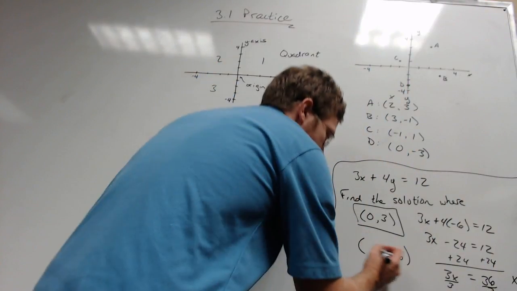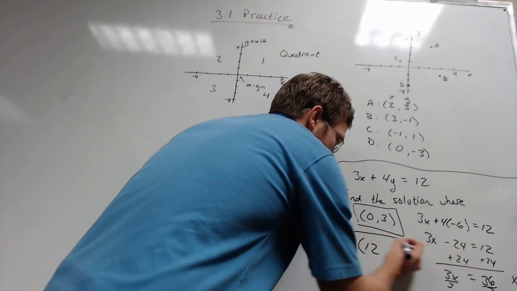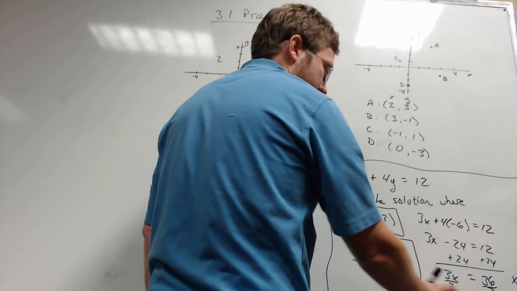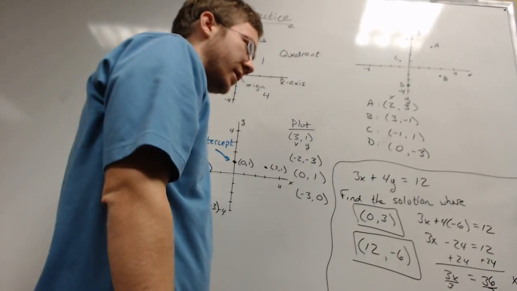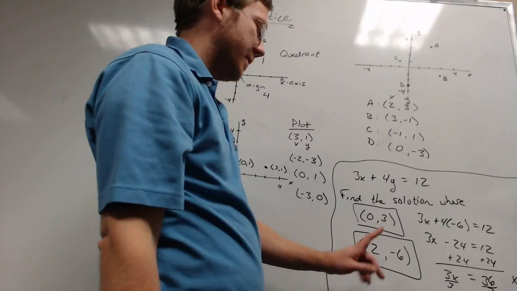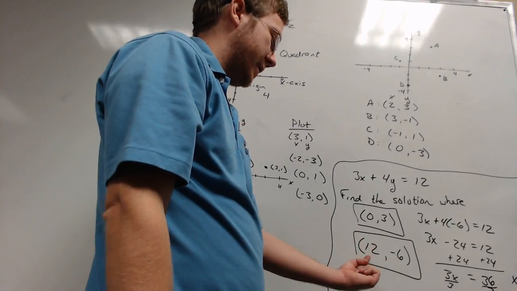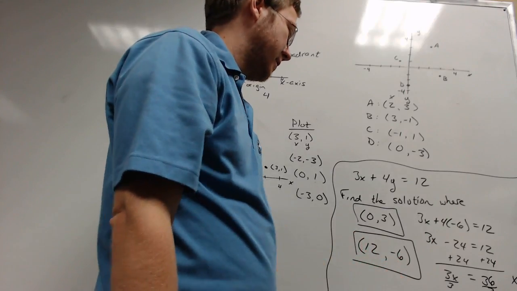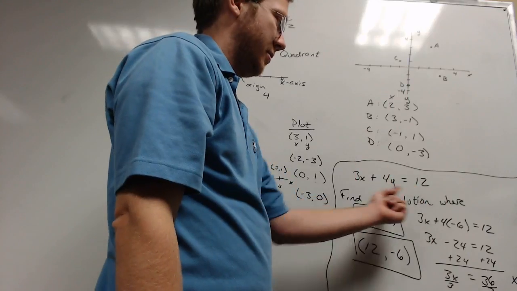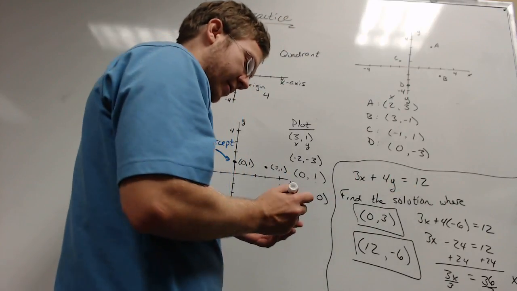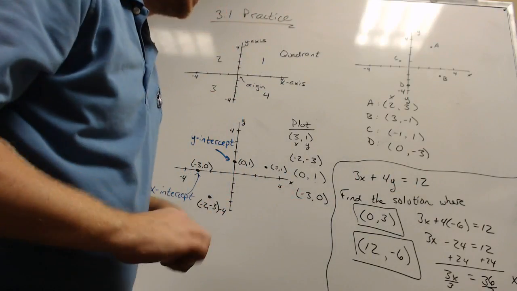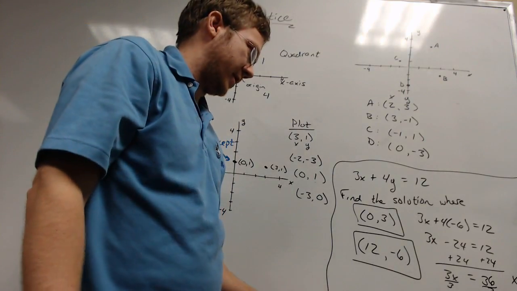That's off the map, you can't see that, but you can see that we divided by 3. And our answer should be x equals 12. So this ordered pair should work if x is 12 and y is negative 6. That would make a solution to this equation. So there's the 3 types of problems we have in this section, and you should be good to go.